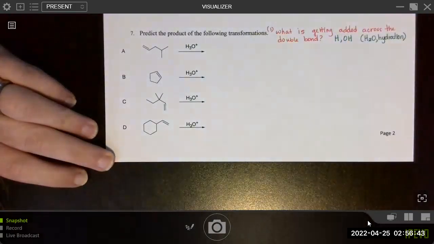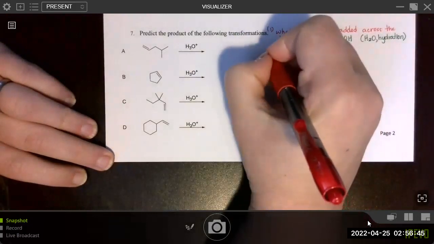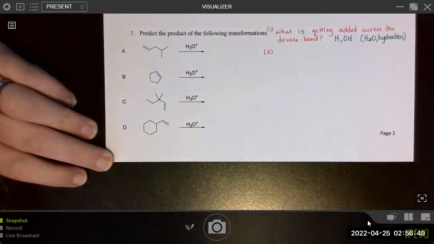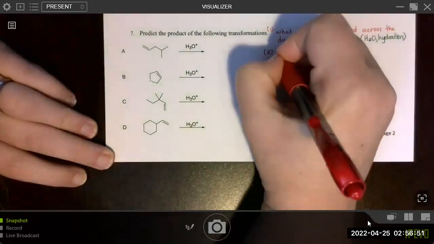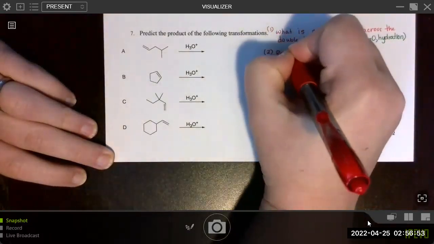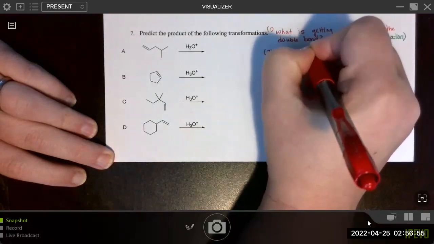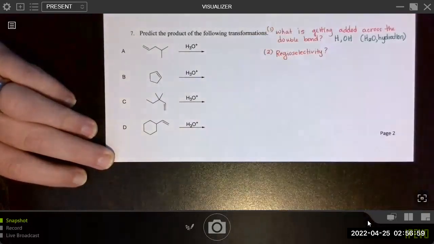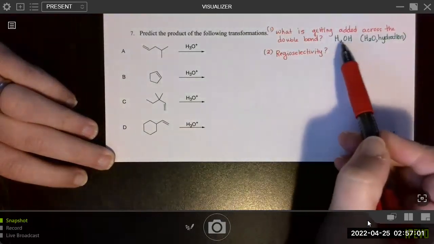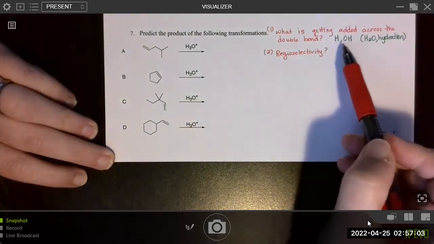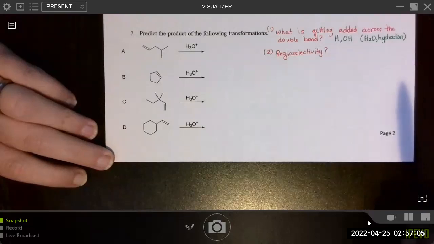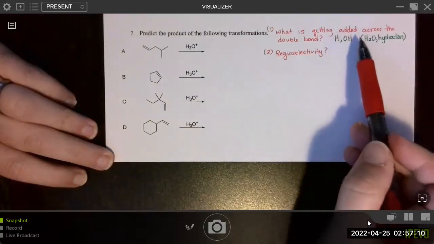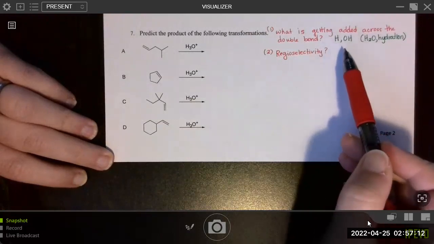The next question is, do we need to consider regioselectivity? We'll just simplify that as regioselectivity. Okay. By the way, if this was the same group, like H and H or OH and OH, we would not need to consider regioselectivity. So the first thing we need to do is ask ourselves, are we actually adding two different groups?